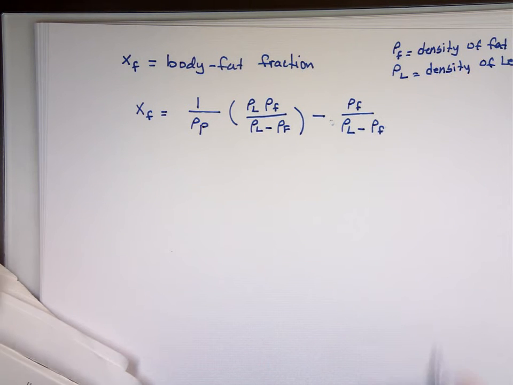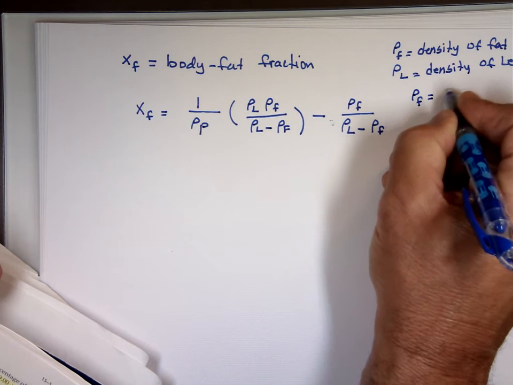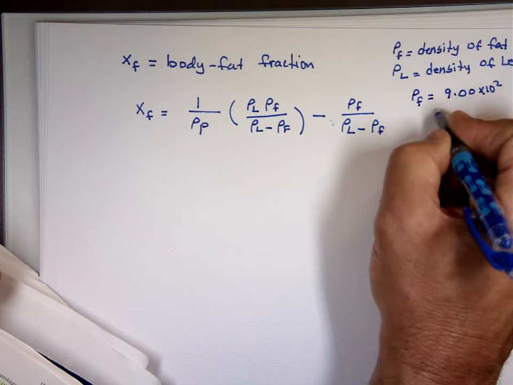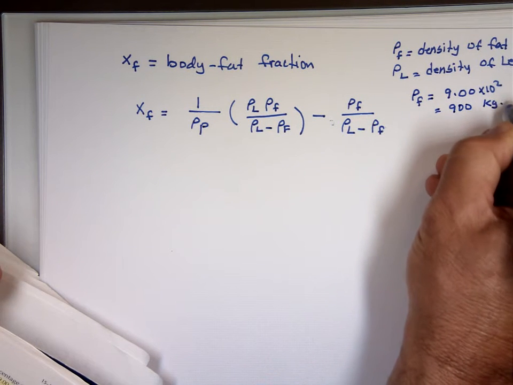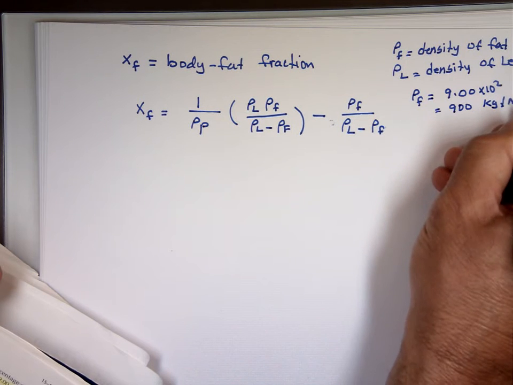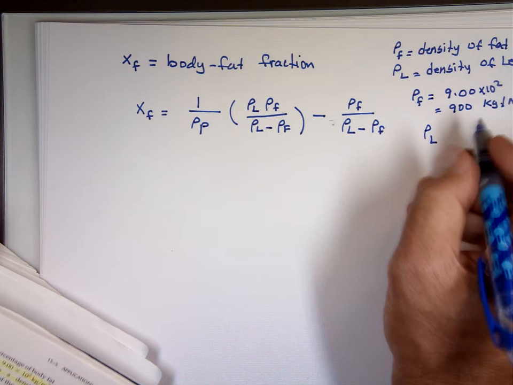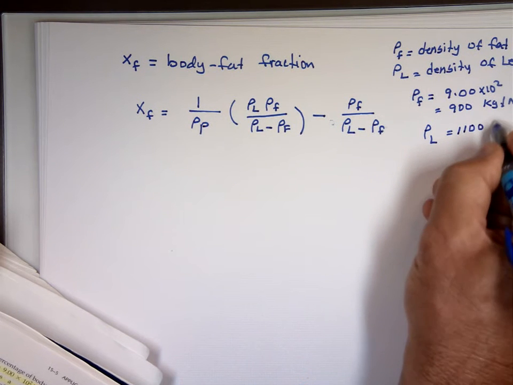We found out that rho F for fat is roughly 9.0 times 10 to the second, or approximately 900 kilogram per meter cubed. And rho L for lean is approximately 1100 kilogram per meter cubed.